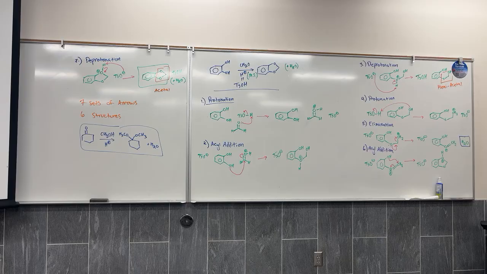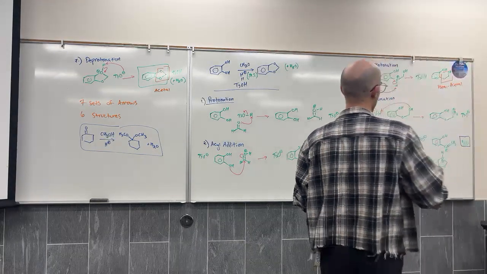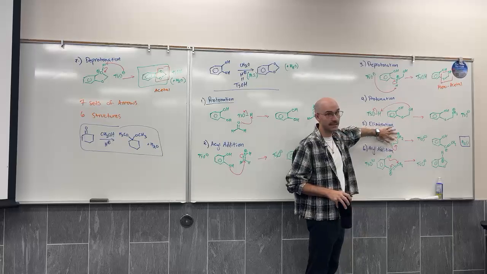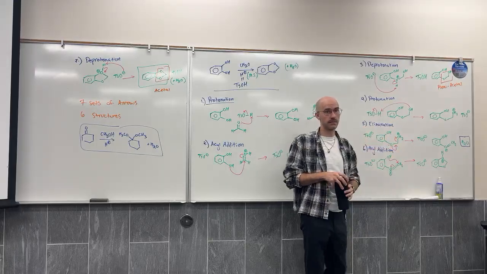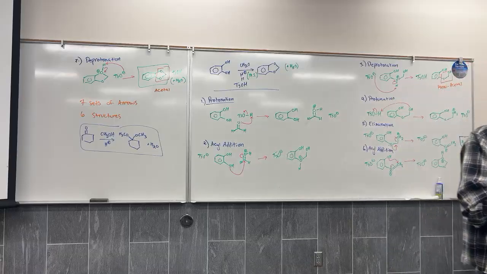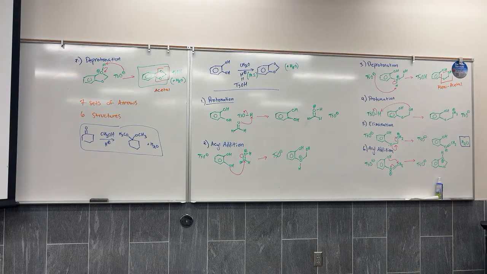Now, Jaylee, you're on the right track. And remember that this is the elimination step. So in addition to kicking something off, I want you to form a pi bond. Elimination should form a pi bond. So you see the water leaving, like we had in the elimination step, and then the geminal ether.